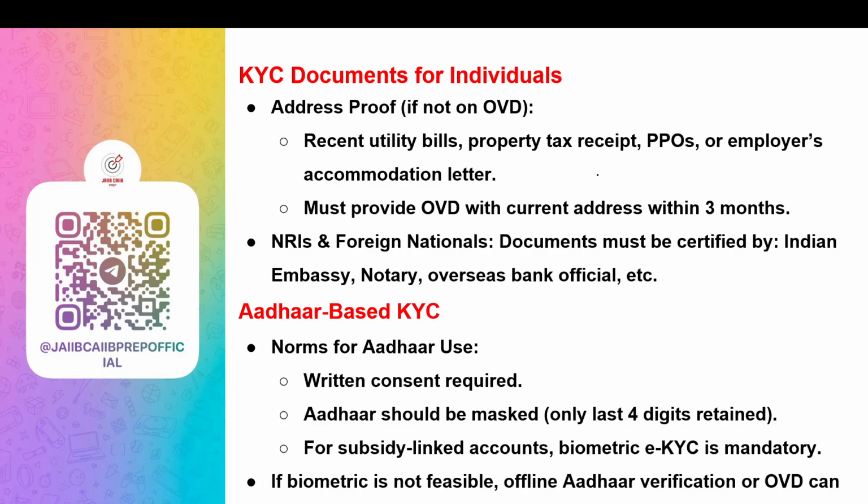Property tax receipt, pension orders with address, employer's accommodation letter, or leave and license agreement can be provided. But keep in mind that within 3 months, the customer must give a document that shows the updated permanent address.